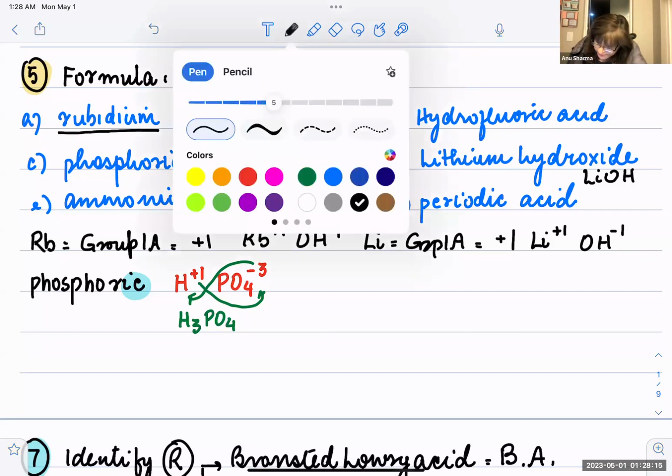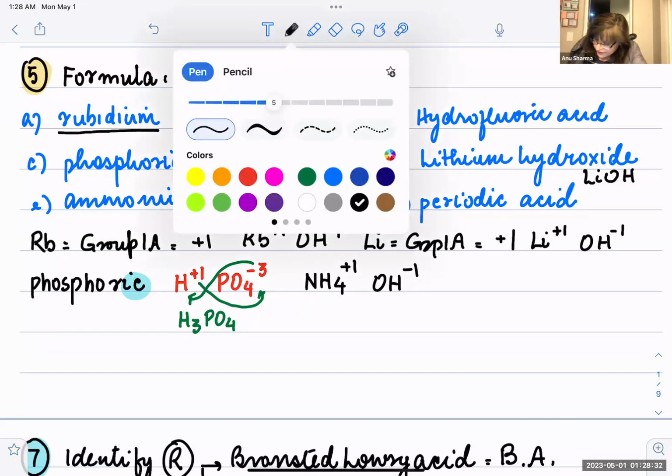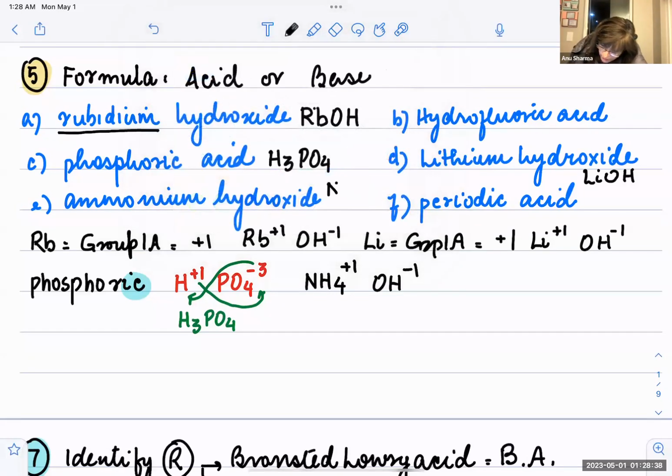Okay, next, ammonium hydroxide. Now, ammonium is NH4 +1, so again, you have to memorize that ammonium formula. And then comes hydroxide. Hydroxide is OH -1. So what will you do now? Crisscross, or these cancel each other out. So the formula now is NH4OH.